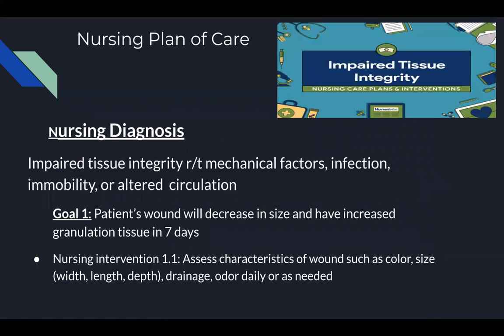Next, we're going to be talking about the nursing care plan for delayed wound healing. So when we talk about wounds, the first thing that comes to mind is impaired tissue integrity. So our nursing diagnosis is impaired tissue integrity related to mechanical factors, infection, immobility, or altered circulation, which are some of the factors that could cause impaired tissue integrity.